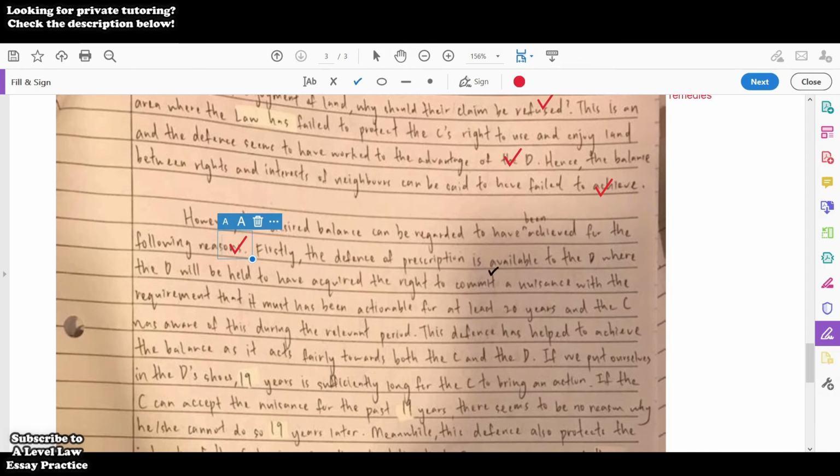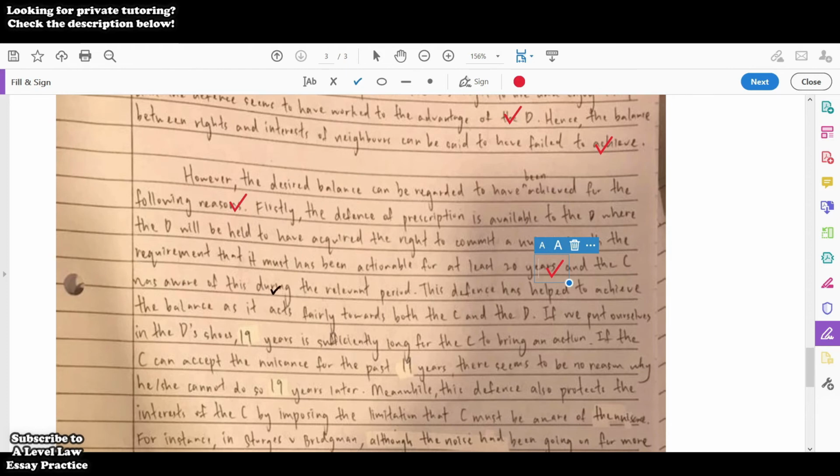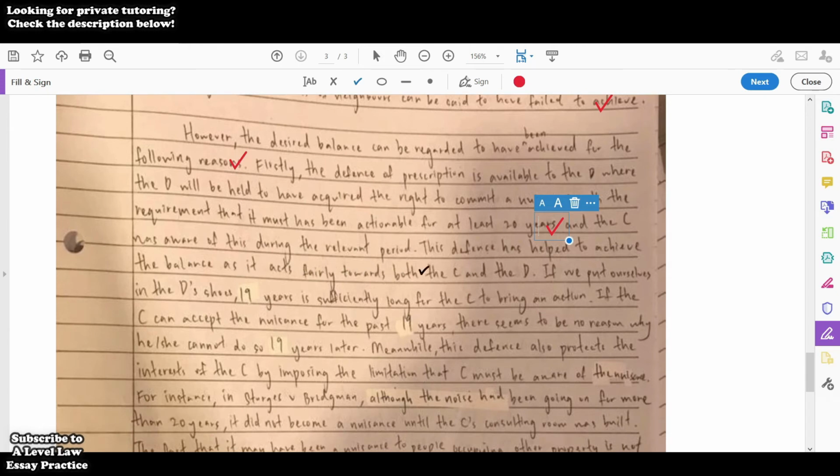Firstly, the defense of prescription is available to the defendant where the defendant will be held to have acquired the right to commit a nuisance, with the requirement that it must have been actionable for at least 20 years and the claimant was aware of this during the relevant period. This defense has helped to achieve the balance as it acts fairly towards both the claimant and the defendant.